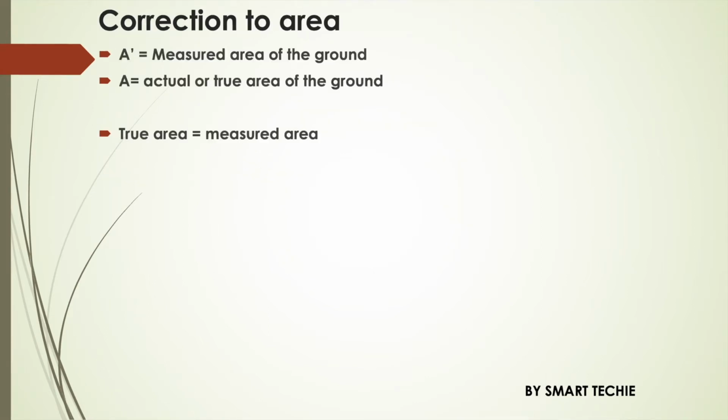So next, corrections to area. A dash will be my measured area of the ground, and A will be my actual area of the ground. So the true area, that is what I need to find, is equal to measured area into L dash upon L, whole square.